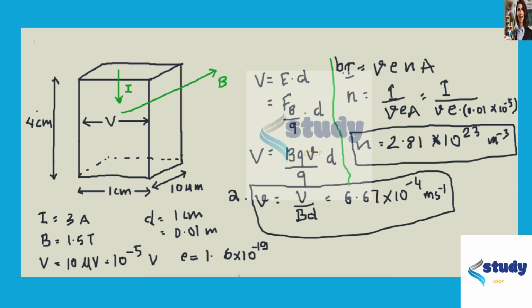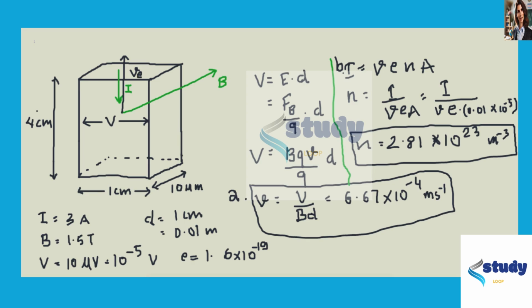Now part C asks us to show in the diagram the polarity of the potential difference. We consider that the current is flowing downwards, which means we consider current to be positive. So electrons are moving upwards, right? This is the direction of the electrons.